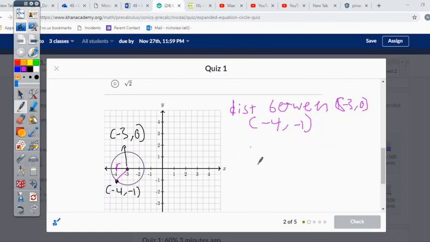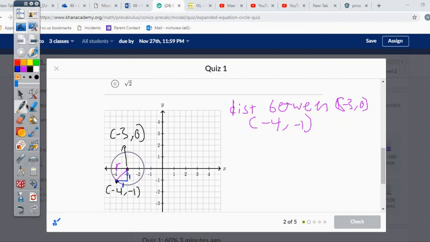To find the distance, we can actually use the Pythagorean theorem. This is going to have a distance from -3 to -4 of 1.